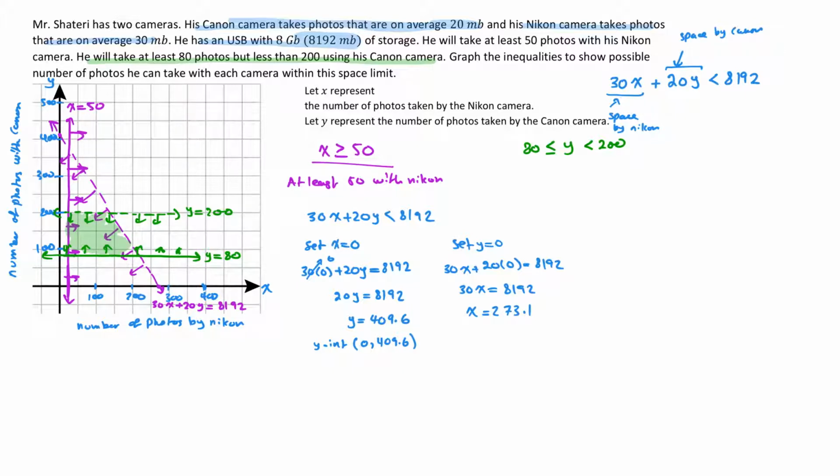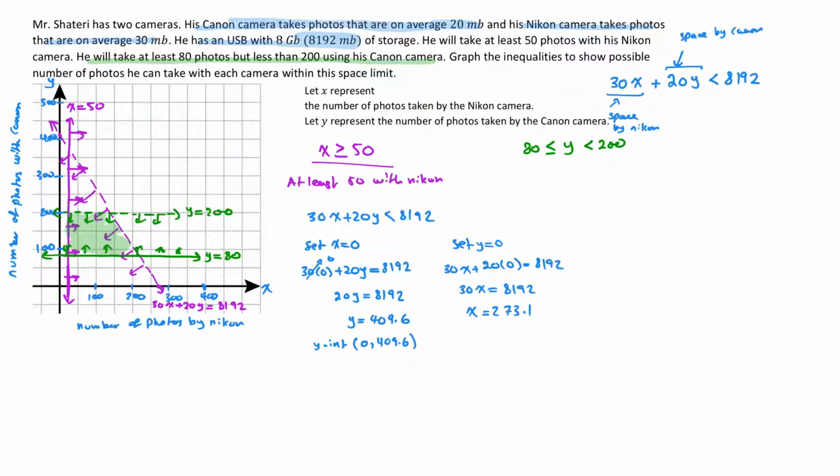We can't just say you have to take 51 photos by the Nikon camera. You have to be able to say that, oh, we can take, for example, 51 by the Nikon and maybe 91 by the Canon, or we have to use that restriction. So here, this region over here shows us all the possible solutions.